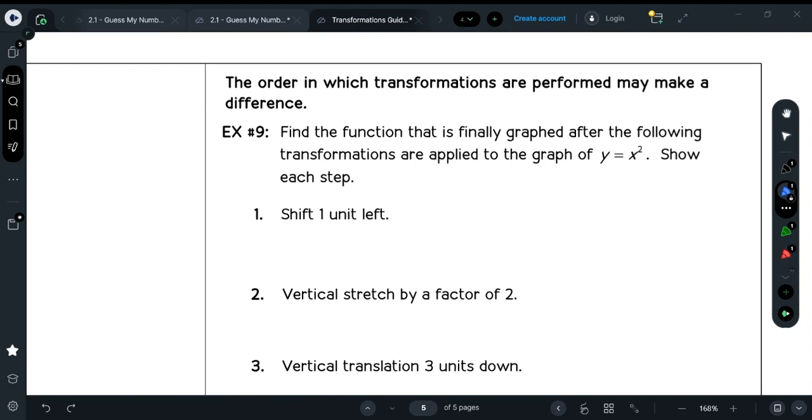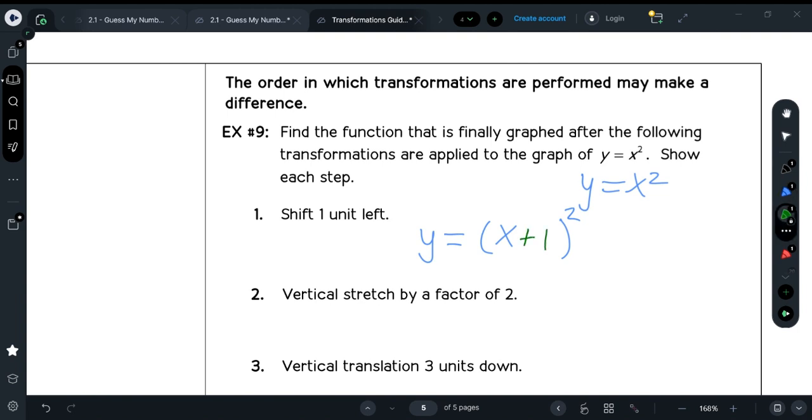Show each step. Okay, so we start with this y equals x squared. Here it says shift 1 unit to the left. So if we're going to the left, that means we have to add on the inside. So my function is then going to look like this. Y equals, to go on the inside of a quadratic, you have to do parentheses.